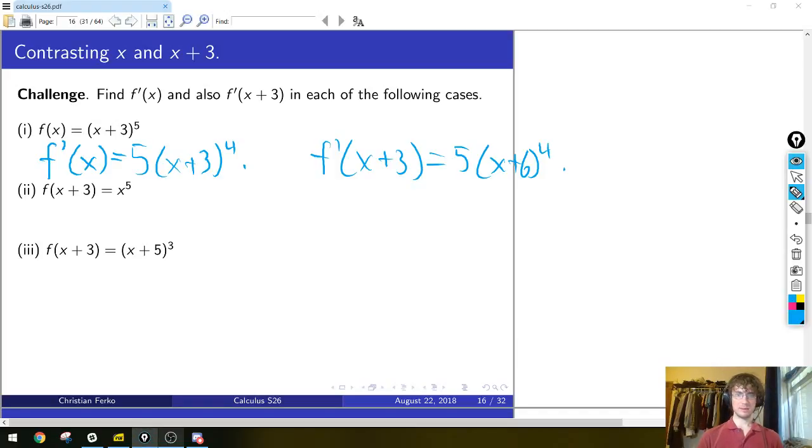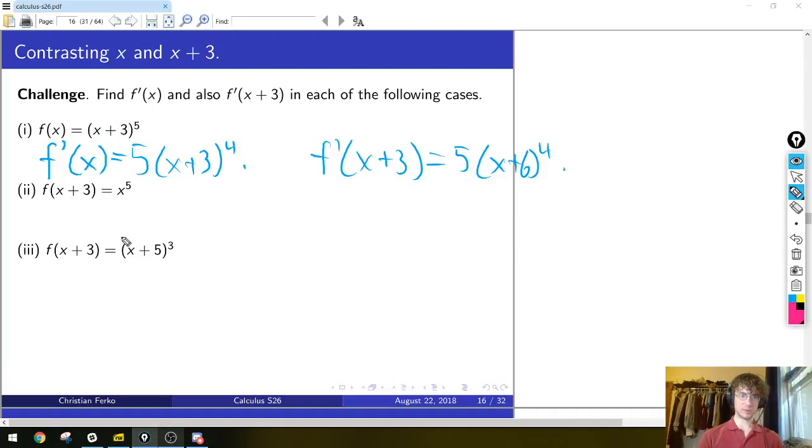We don't actually have to take the derivative again, because comparing the left side to the right side, all this means is take x where it appears in this formula on the left and replace it with x plus 3, right? So as you say, x plus 6 now to the power of 4. Good, okay, different case.